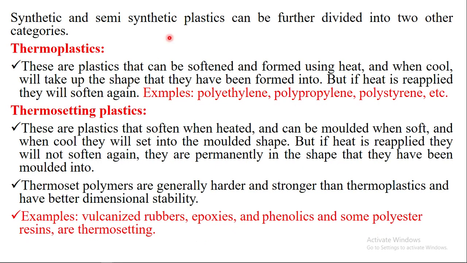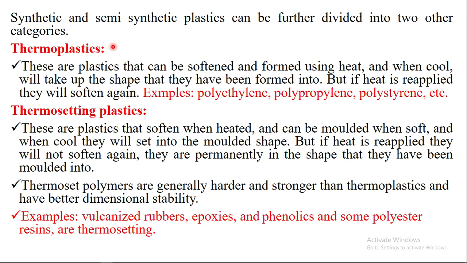Plastic materials are classified into three main categories: synthetic, natural, and semi-synthetic. Synthetic and semi-synthetic plastics can be further classified into two main categories: thermoplastic and thermosetting materials.